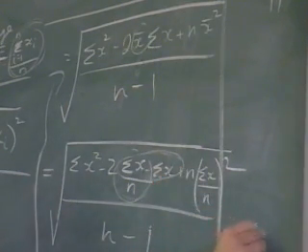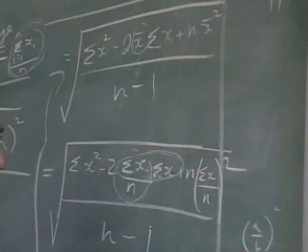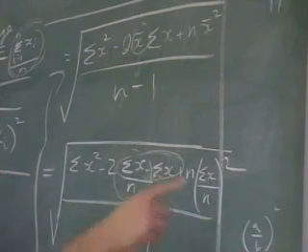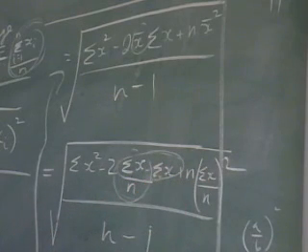You know when you have a over b squared, that's the same thing as a squared over b squared? So I have a over b all squared, so that becomes sum of x squared over n squared, and that drops down 1, right? Now, take a look at this term, Sam, and this term. They're actually the exact same term.